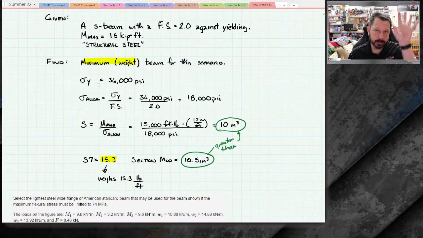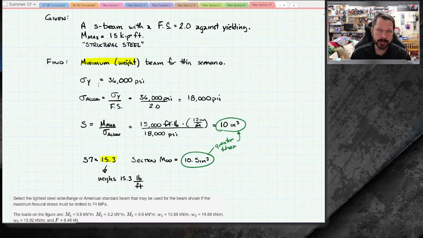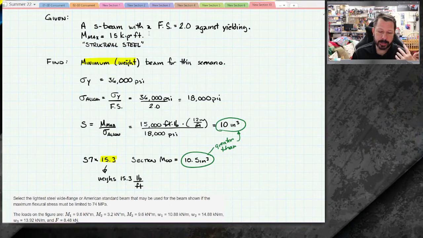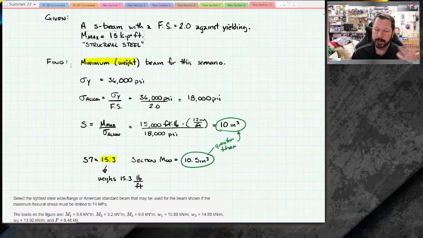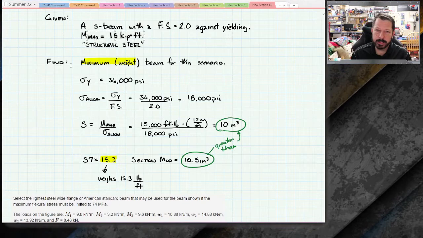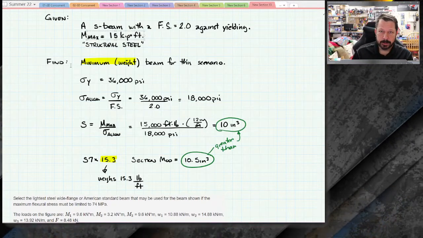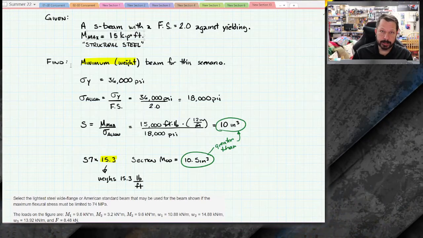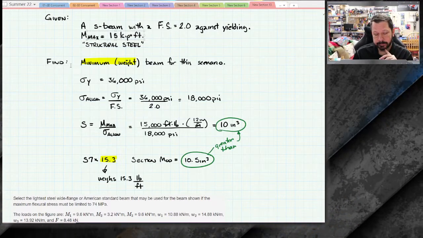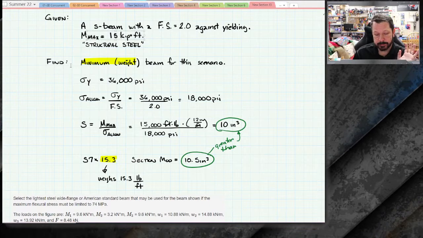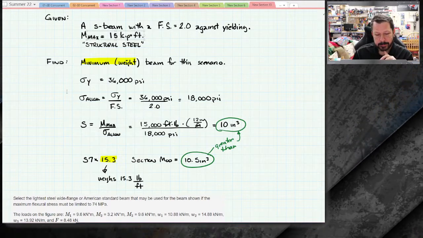You might be given a picture of a shear and bending diagram and have to find the maximum moment from that picture. But I'm not going to make you draw the shear and bending diagram and then calculate the best beam section modulus from that.